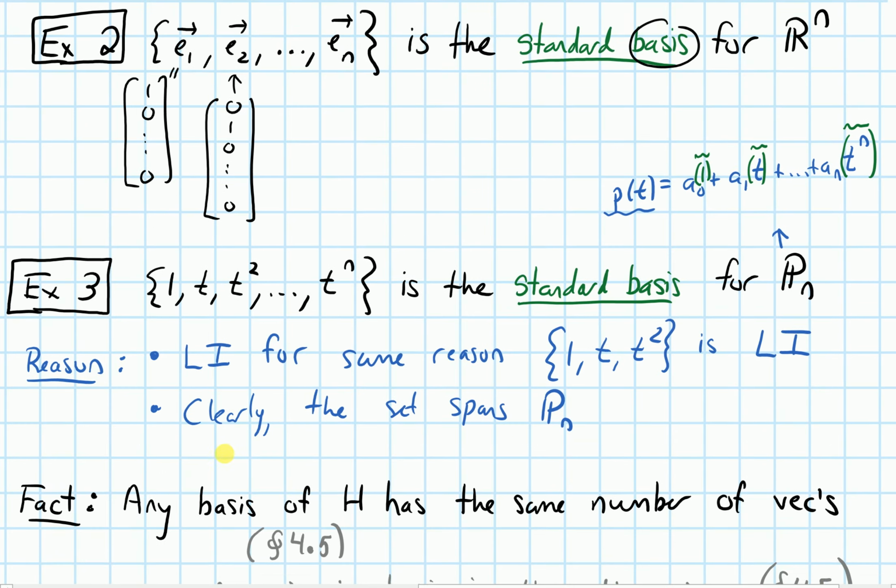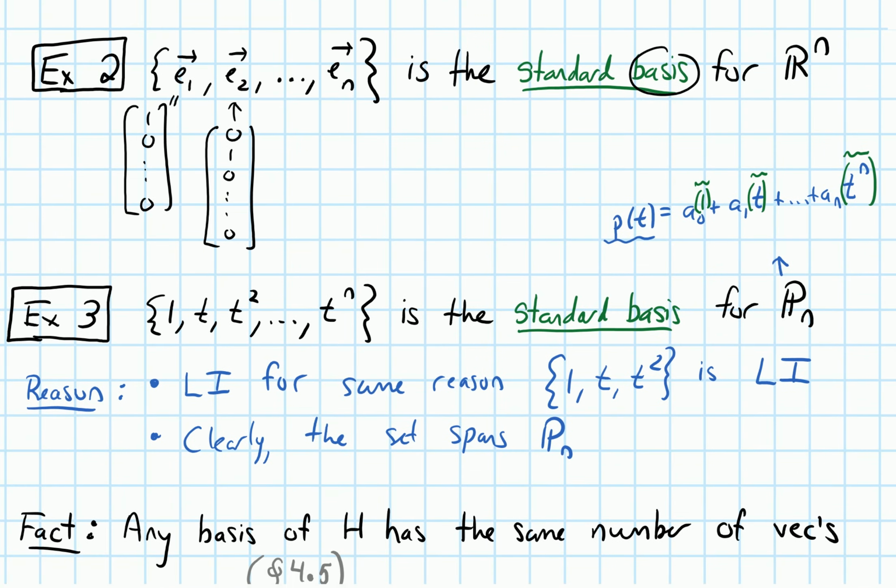But I want to introduce this to you now because it's pretty easy to state what the dimension of each of these subspaces is. If I count the number of vectors in this basis right here, I can state what the dimension is. The dimension in this example is n, because there are n vectors in this basis. In fact, any basis for Rn should have n vectors.